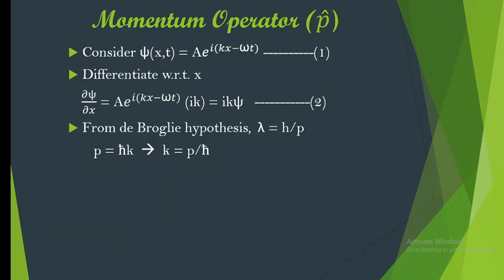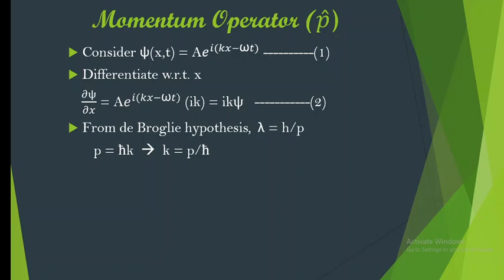So h by 2 pi is nothing but h cross, and if you bring lambda and p from RHS to LHS and LHS to RHS, it is going to be p is equal to h cross into 2 pi by lambda. So 2 pi by lambda is nothing but the wave vector.